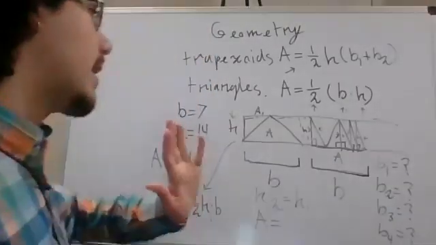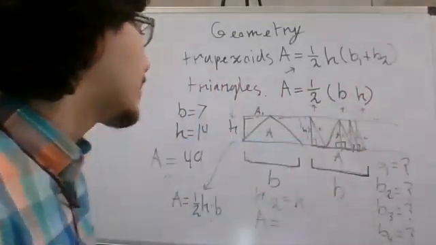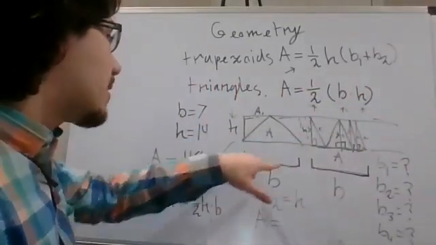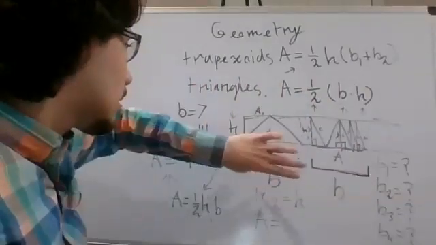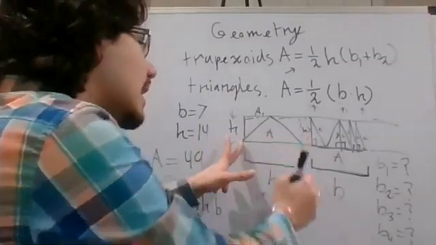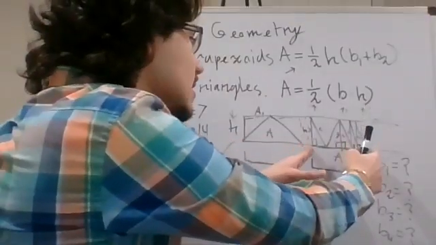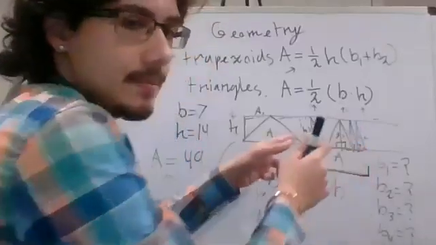However, let's look at our model again. Our model not only says that all the heights are the same, but that the base of this triangle is the same as the bases of all of these triangles added up. Does that make sense?